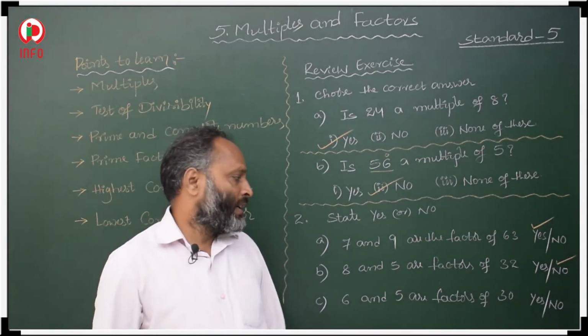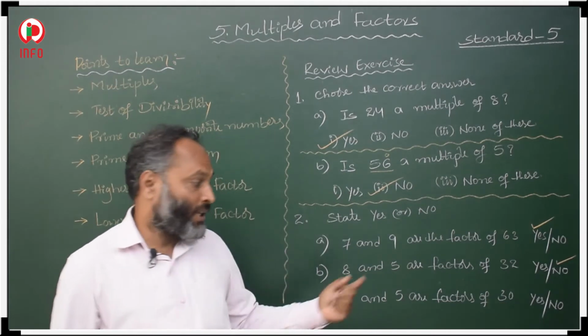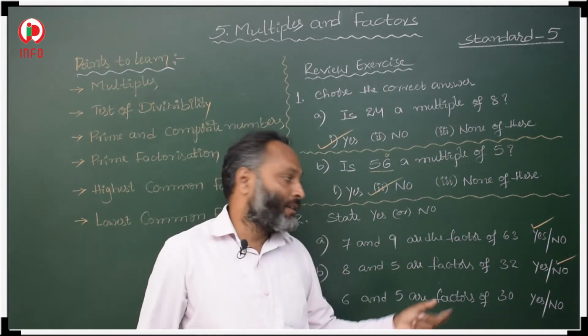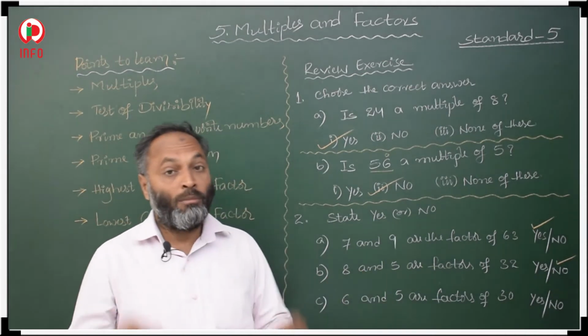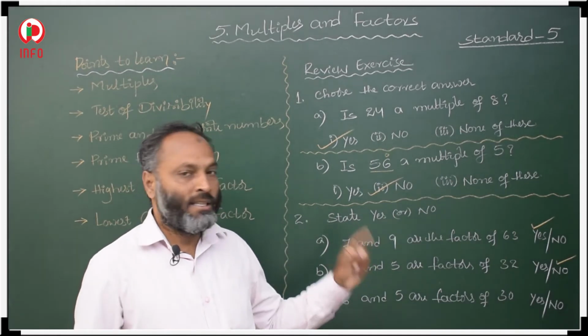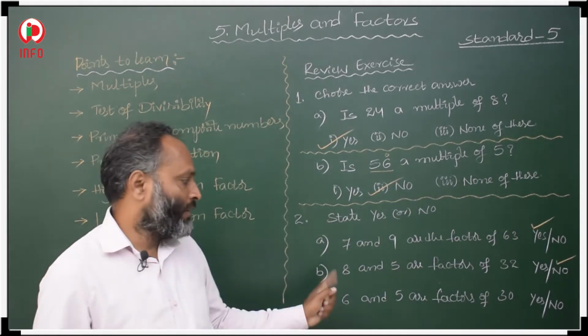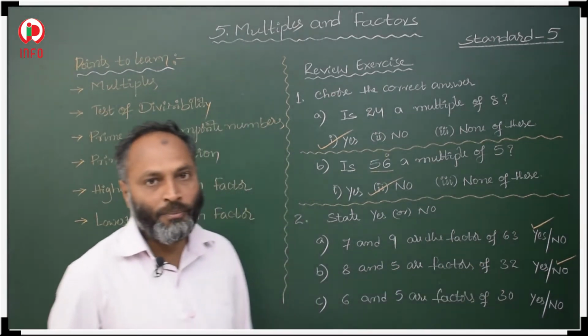Both 8 and 5 should work. Here "and" is given, not "or". If "or" is given, then we go for yes, but here "and" means both should be correct, then only we say yes, otherwise it is no. If any one is not satisfied, then the answer is no.